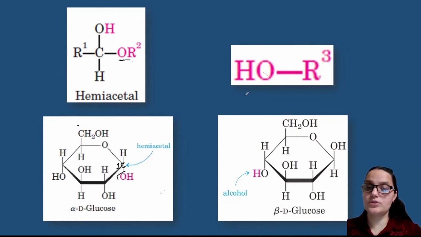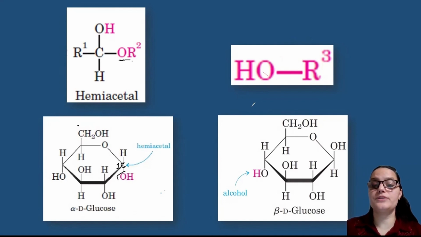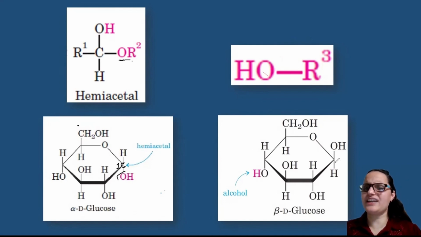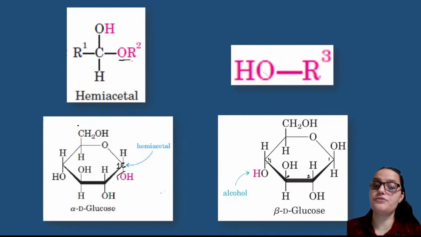Now let's go to this one, the OH group. I have told you that any of these carbons which have a hydroxyl group can participate in this bond formation. We are choosing the most common carbon which actually participates, which is generally the carbon number 4. So if this is the carbon number 1, 2, 3, and this is the carbon number 4, this OH here is this OH.